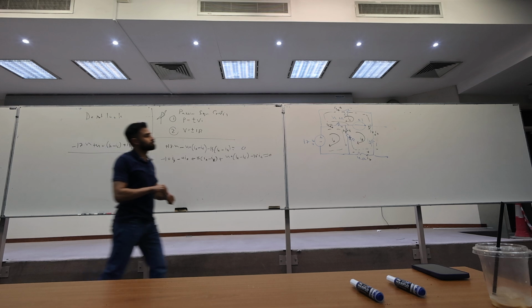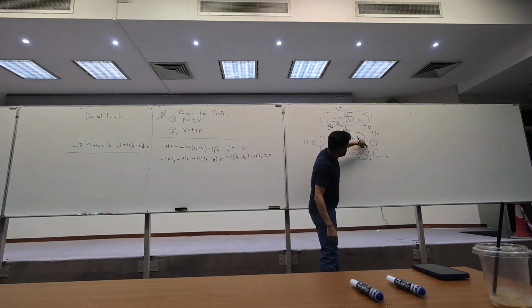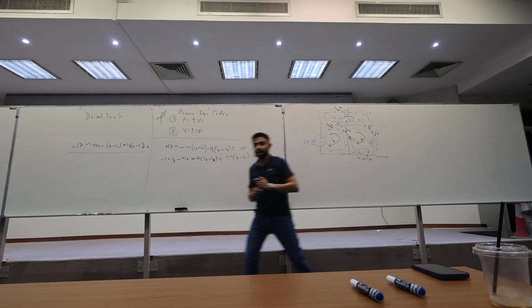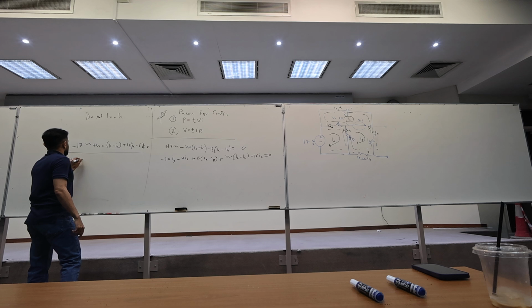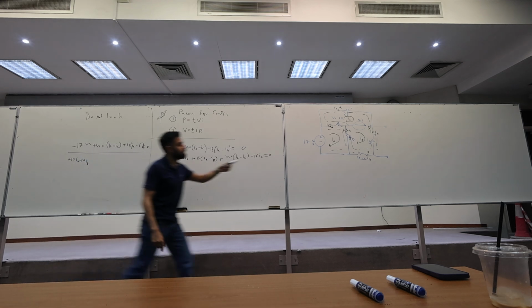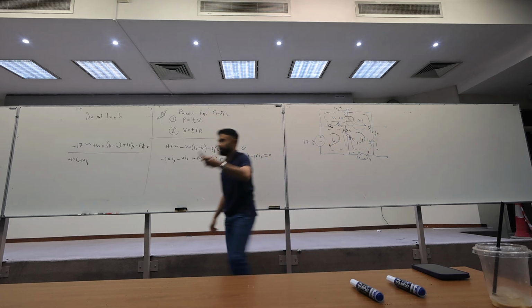It will be the opposite. So it will be positive: plus 10 IB plus 4 IB. And then how to define the equation here? You will put plus 15 (IB minus IA).